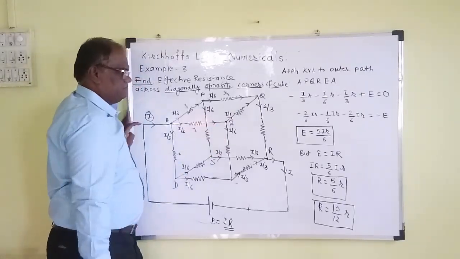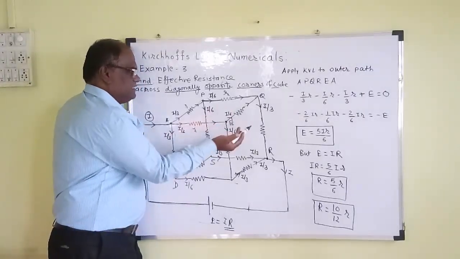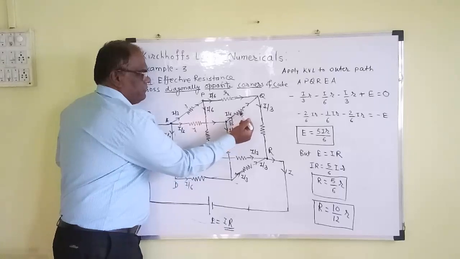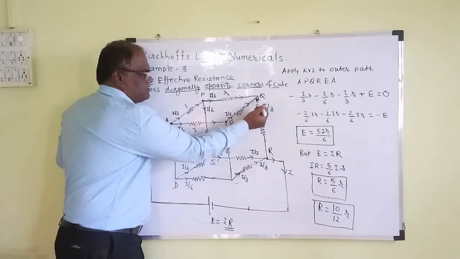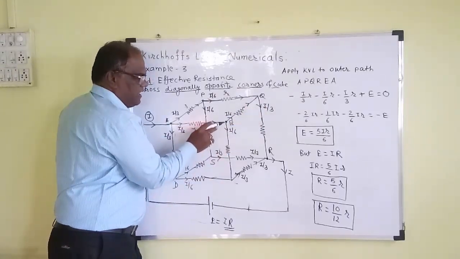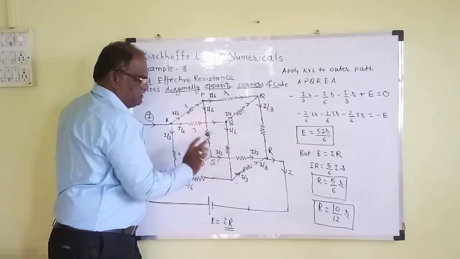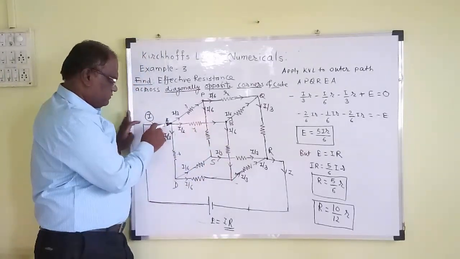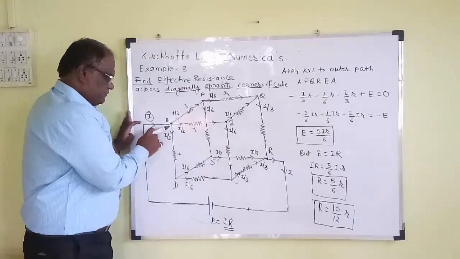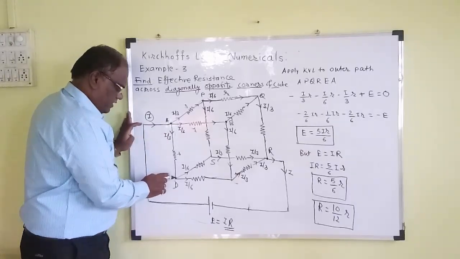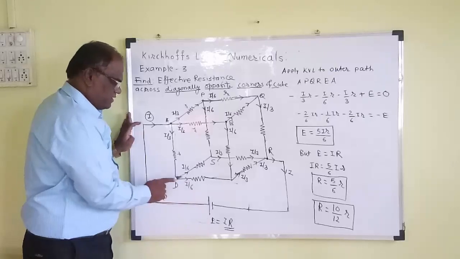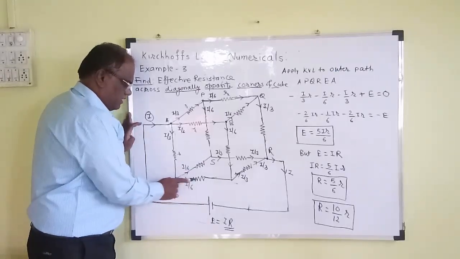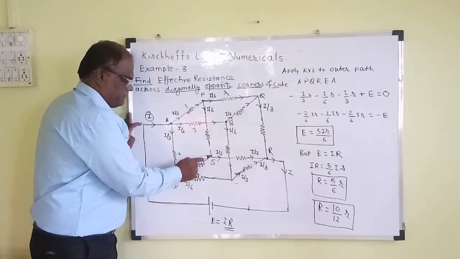At this point, again it is divided into 2. Half, I by 6, is flowing in this direction and I by 6 in this direction. Now for this branch, I by 3, at this point the current is divided equally into I by 6, I by 6.